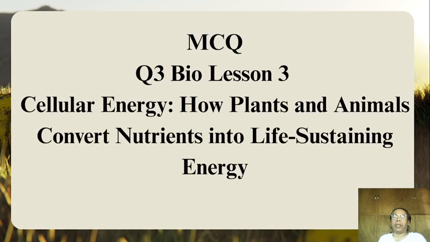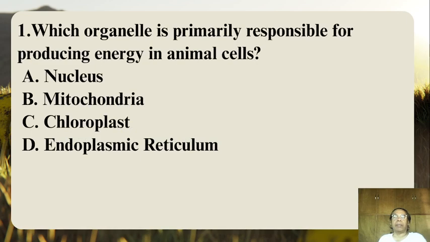MCQ for our Quarter 3 Biology Lesson 3, Cellular Energy: how plants and animals convert nutrients into life-sustaining energy. Which organelle is primarily responsible for producing energy in animal cells? Letter A, nucleus. Letter B, mitochondria.